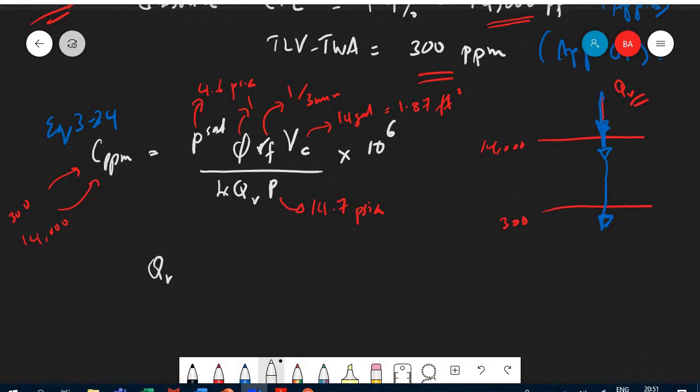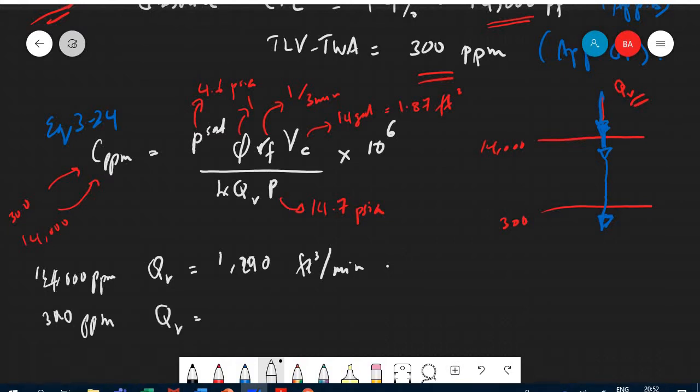QV is going to be 2,290 feet cube per minute if I'm talking about the 14,000 ppm. And if I'm targeting the 300 ppm here, my QV value is going to be 6,440 feet cube per minute.